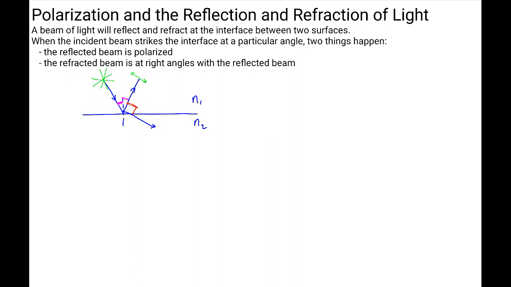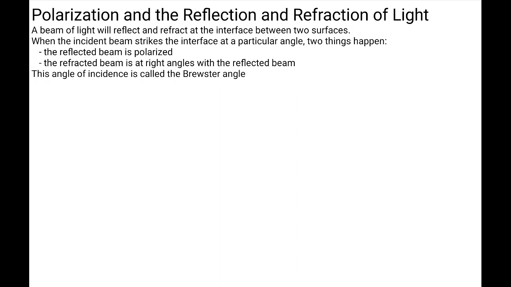So again, when this angle is a special angle, the incident light that was unpolarized will become polarized due to reflection, and the reflected beam and the refracted beam are perpendicular to one another. This special angle of incidence is called the Brewster angle.